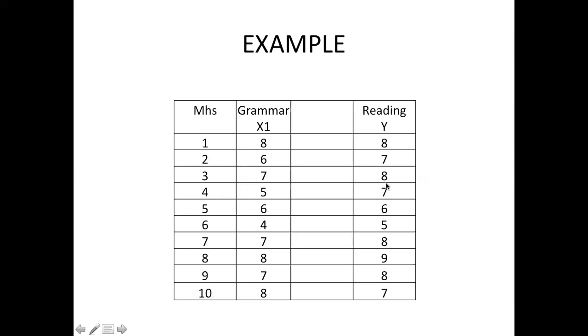Now you have the opportunity to calculate the Pearson product moment coefficient using the data. There are 10 students, and here are the scores on grammar, and here are the scores on reading. Now, is the correlation significant between grammar and reading? Since the data are interval, you have to use the Pearson product moment.